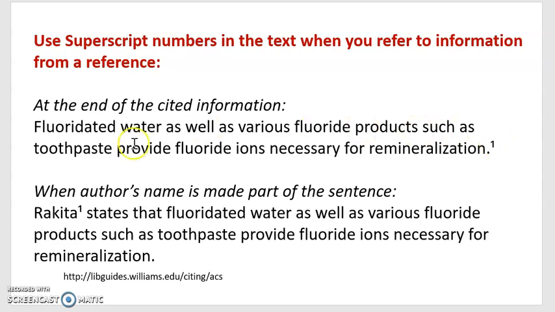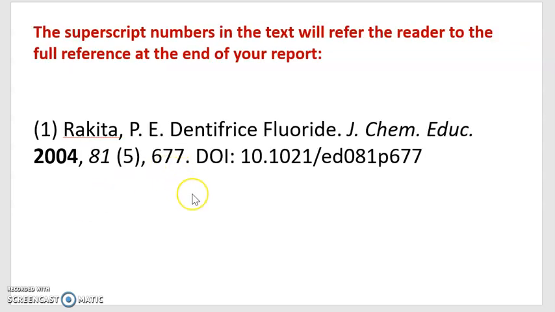So after you make your statement, you can put it at the end, or you can name the author within the sentence and put that superscript number right after the author. Either way, that's going to refer the reader to the complete reference at the end of your lab report.